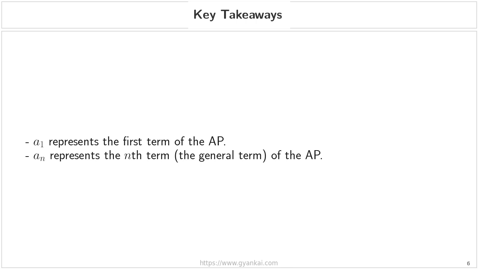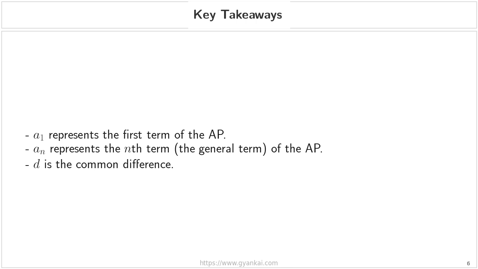Second, we use a lowercase a with a subscript n to represent the nth term, which we also call the general term. This is a very powerful tool because it allows us to talk about any position in the sequence without having to list every single number. Third, we have the letter d, which stands for the common difference. This is the constant value that we add to each term to move to the next.